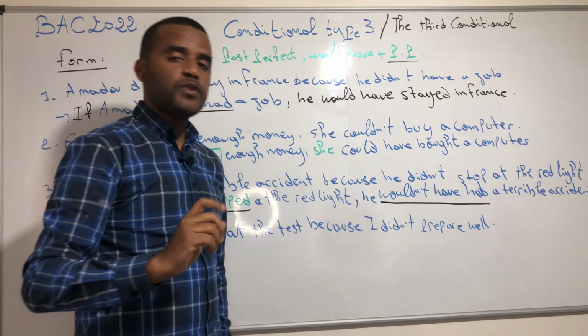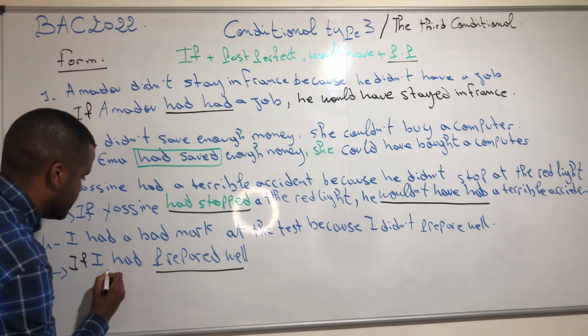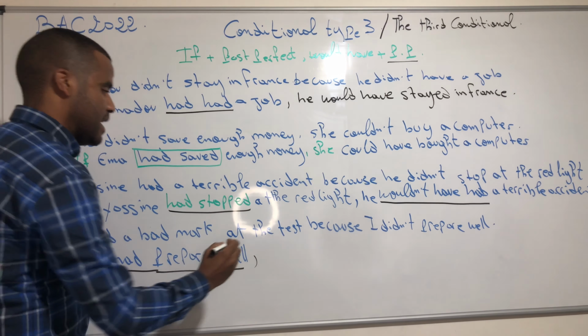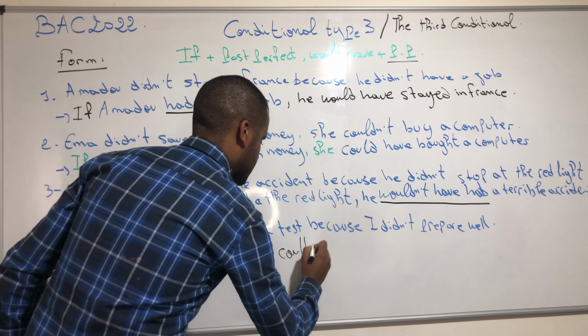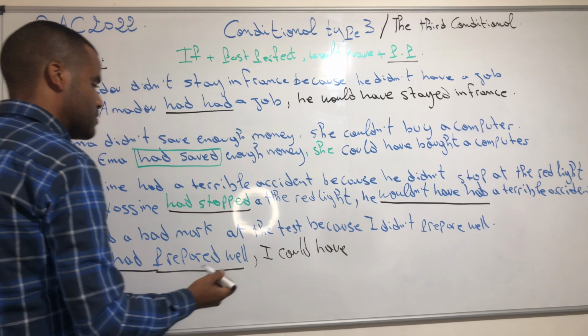If I had prepared well, had plus the past participle of the verb, I could have had, so we can say I couldn't have had a bad mark, or we can also say I could have had a good mark.